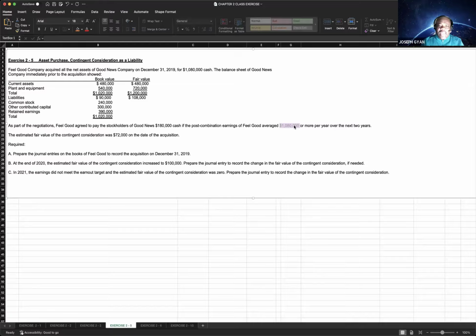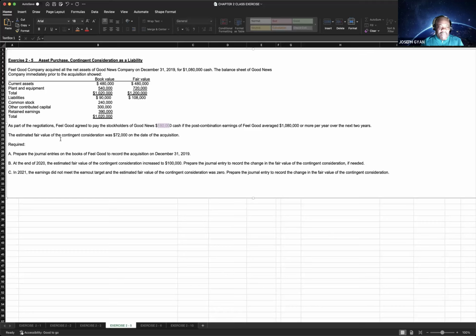So it's up to the Good News Company to make sure they maintain earnings every year in order to receive the money. Every year we have to measure and compare the market value of our promise. What is the market value of the promise that we promised them?